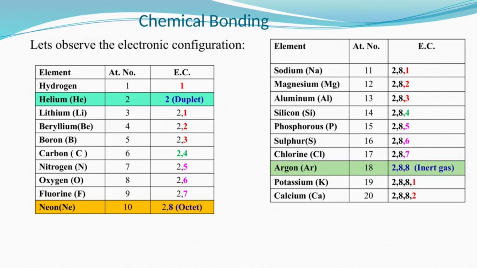So, lithium, beryllium, boron, carbon, nitrogen, oxygen, fluorine, sodium, magnesium, aluminum, silicon, phosphorus, sulfur, chlorine, potassium and calcium will try to gain in some cases, share in some cases, and lose electrons to become stable. Okay. Is it clear? Okay. Please, next slide.